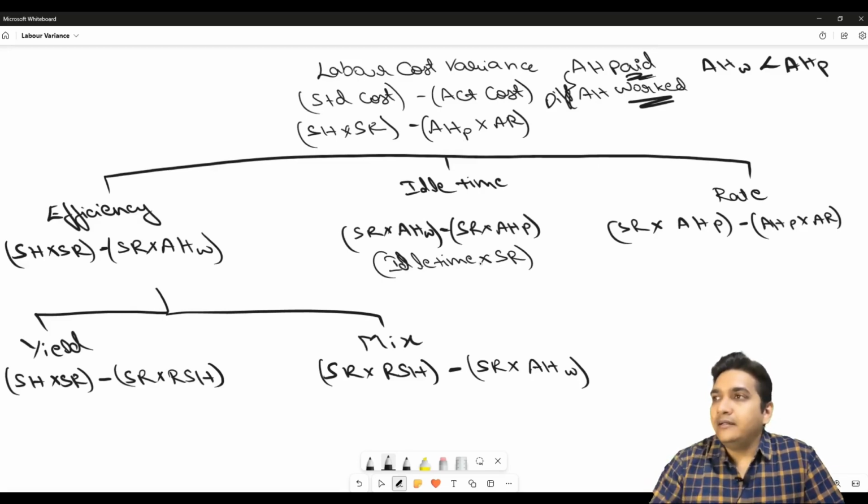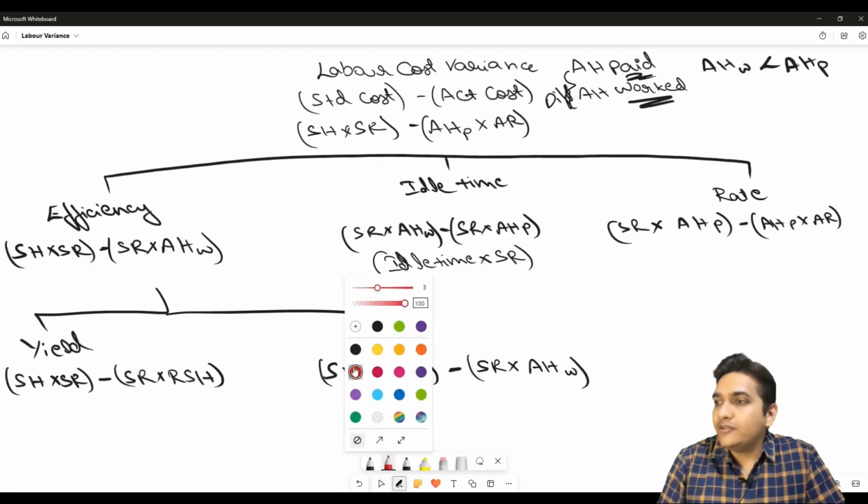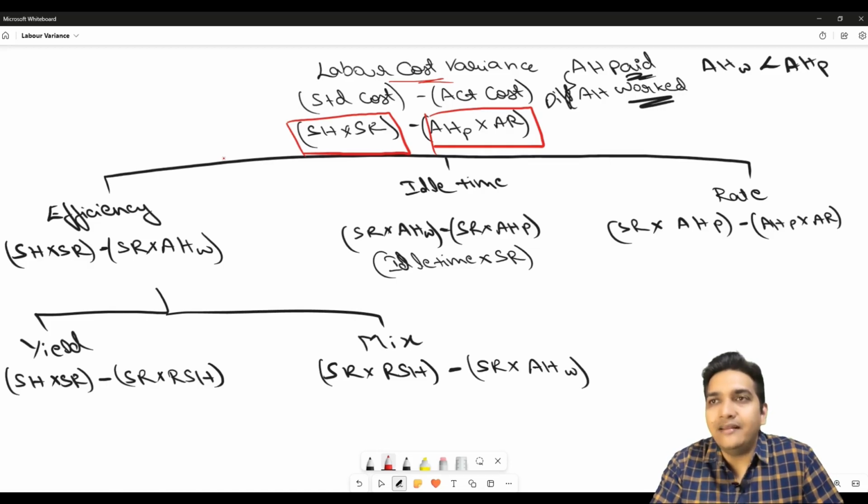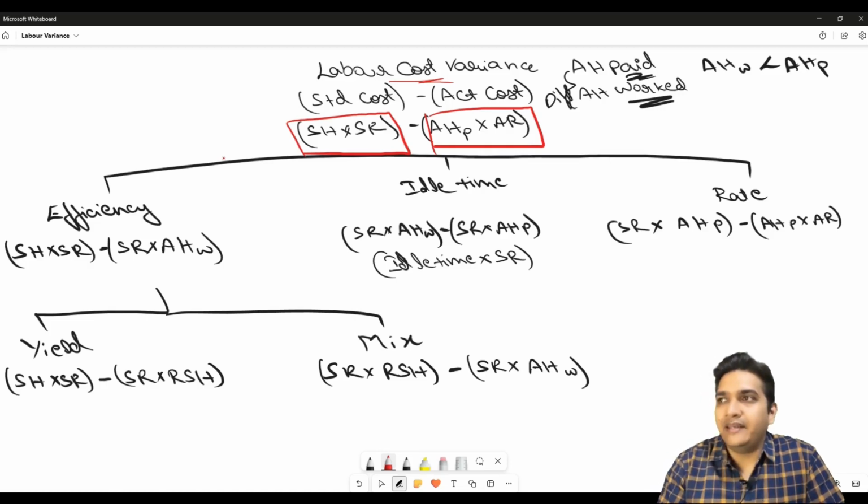Now, let me again show you the way we did in material cost variances, how to derive the formulas. If you remember the formula for labor cost variance, which is standard hours into standard rate minus actual hours paid into actual rate, you can derive the next level formulas, that is efficiency, idle time, and rate variances.